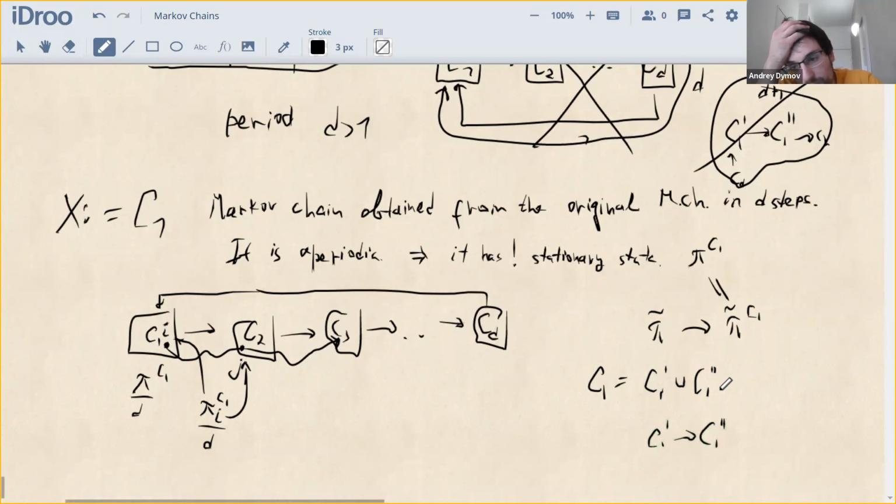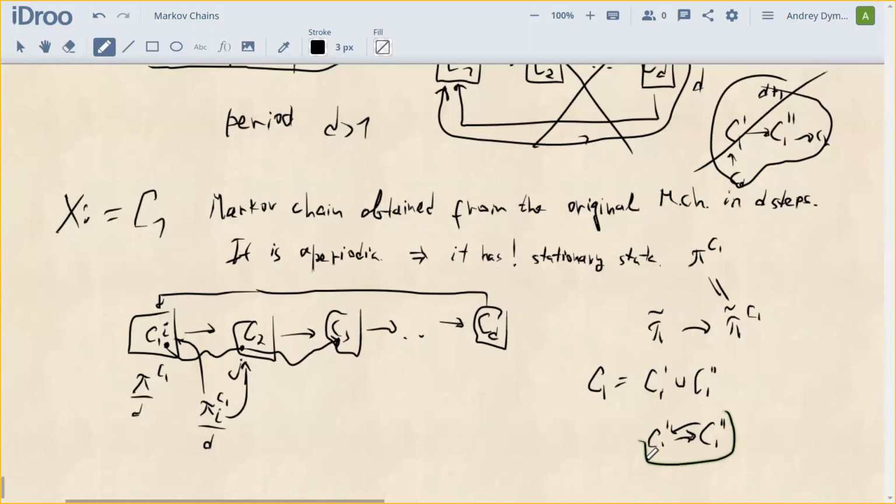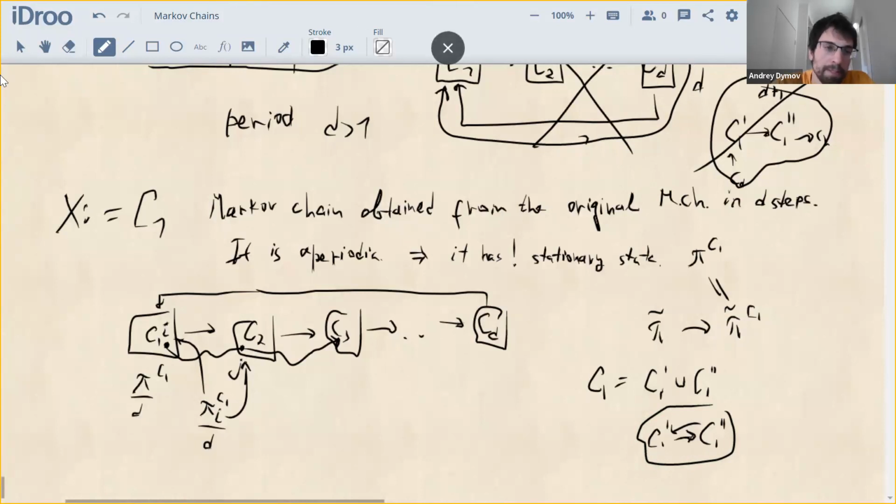And from C1 2 primes you go back to C1 prime. From this, you can in fact work out that the period of the initial chain would be larger than D. Okay, is it okay?